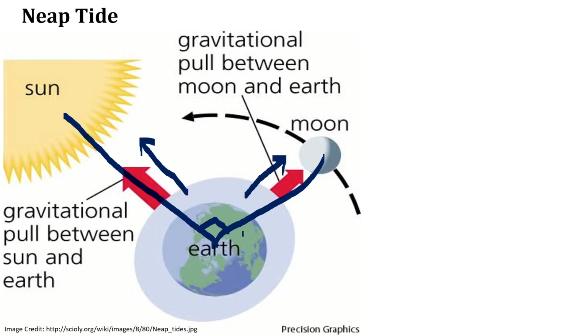So both are in opposite directions, unlike the spring tide. So here also you will observe one bulge, and here also you will observe another bulge. On this side you will observe another bulge, but this will be lesser as compared to the moon, because the sun is far away from the earth as compared to the moon.